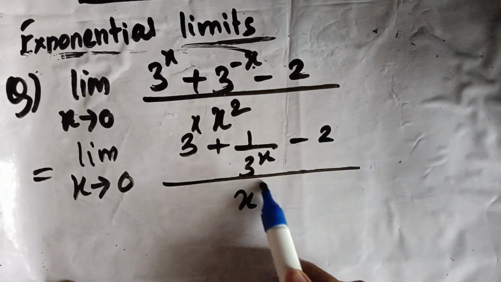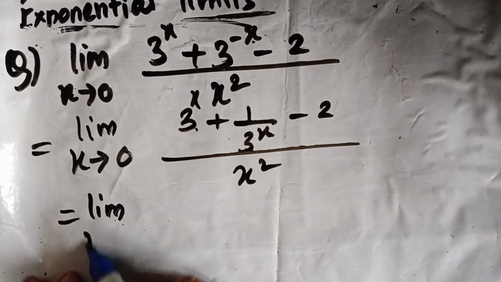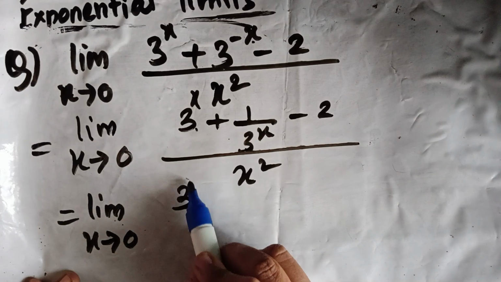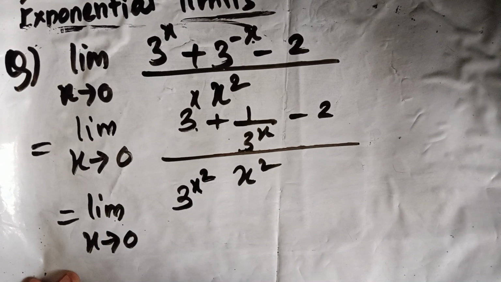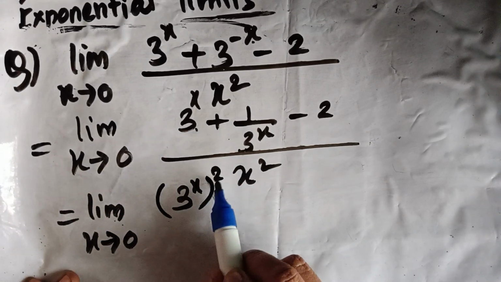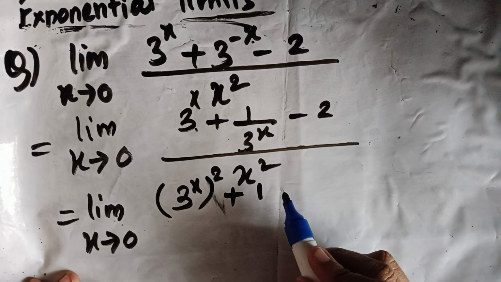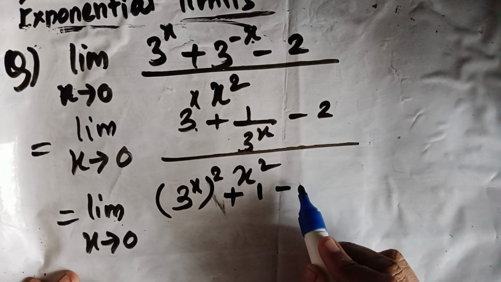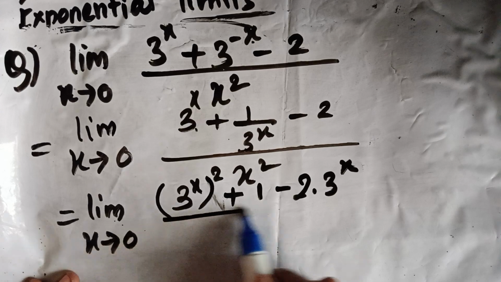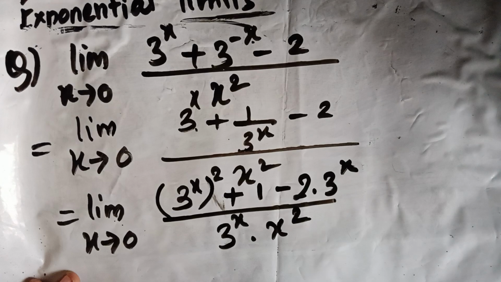Cross multiplying, you'll get (3 raised to x) square, that is 3 raised to 2x, plus 1 minus 2 times 3 raised to x, upon 3 raised to x into x square.